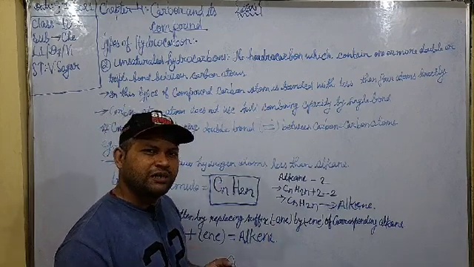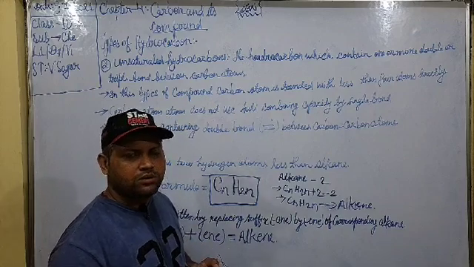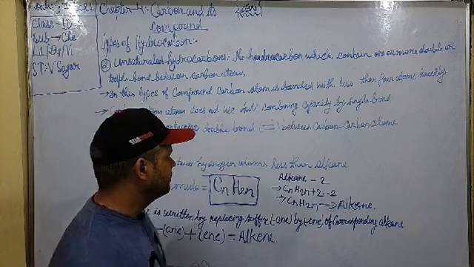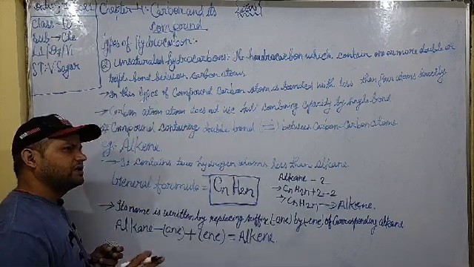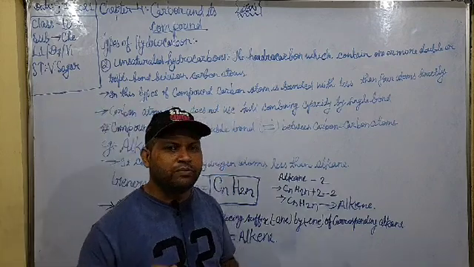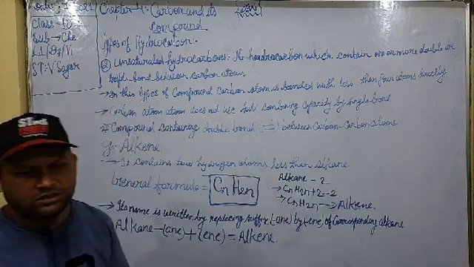We have to add the suffix 'ene'. So now I hope you have understood. In this way we have to write its name. So the first member of this group is ethene. Let us come to C.